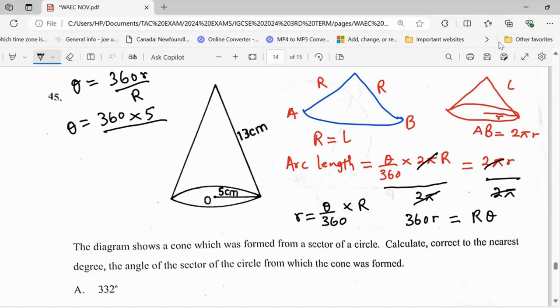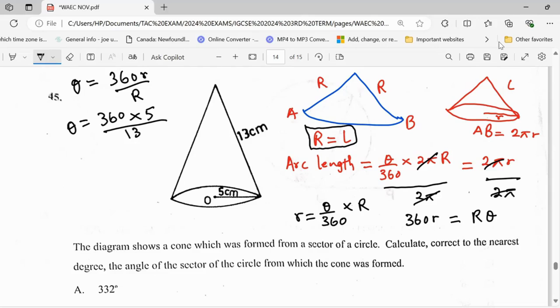We have established before that the radius of the sector and the slant height of the cone are the same. So this big R is the same thing as 13. This 13 here is the slant height of the cone, which is still the same thing as the radius of the sector. So we pick it up here. That means this denominator is going to be 13.